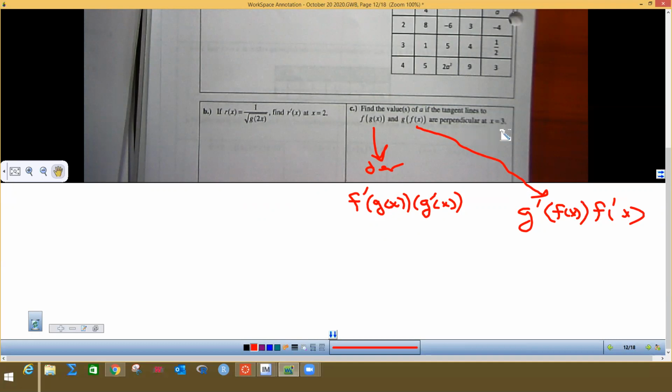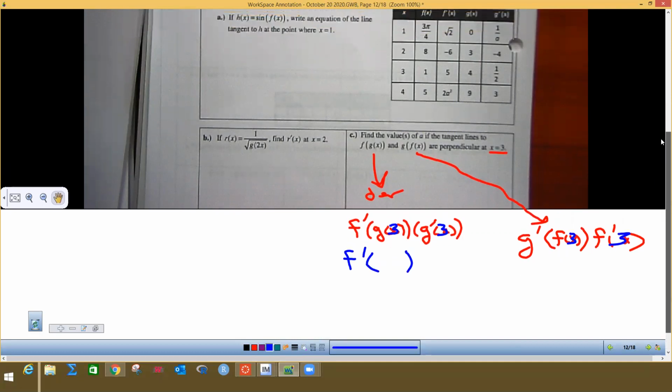Now this says we want to find values of A so that they are perpendicular. So when x is 3, I need to come in here and put a 3 in and a 3 in, and I got to come over here and put a 3 in and a 3 in. So I go up to my chart. Now I get f prime, and I'm going to look for g of 3. I'm going to move this up a little bit.